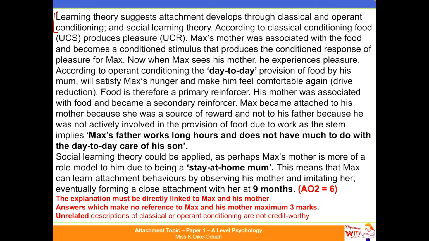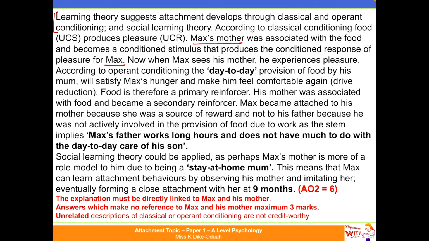And see how the outline isn't just a textbook outline. They've literally included Max's name, referred to the mother, showing that they have read the question. Now, when Max sees his mother, he experiences pleasure. According to operant conditioning, the day-to-day provision of food by his mum will satisfy Max's hunger and make him feel comfortable again.